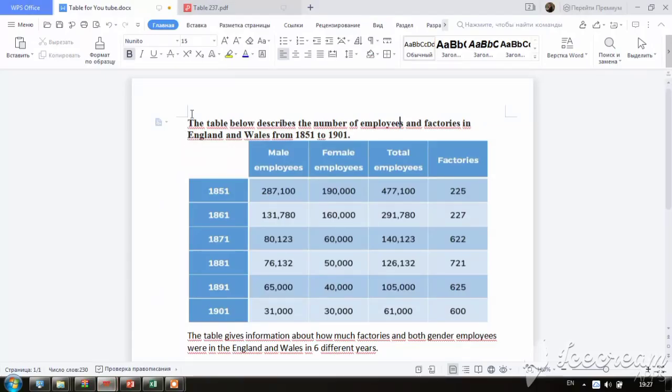The table below describes the number of employees and factories in England and Wales from these two years. In the table, you can see the male employees and female employees, and there are 6 different years: 1851, 1861, and other years. And the total employees in these years, and factories are there.